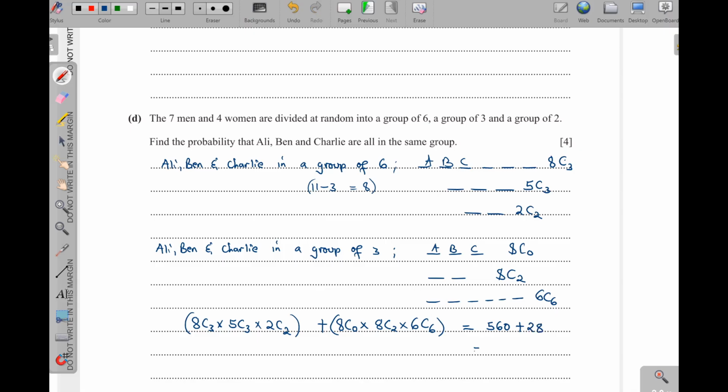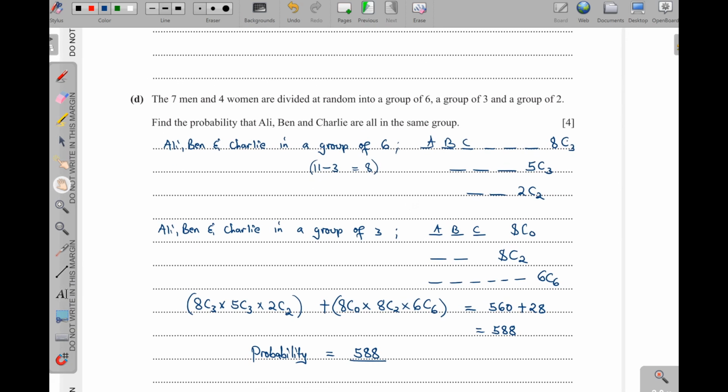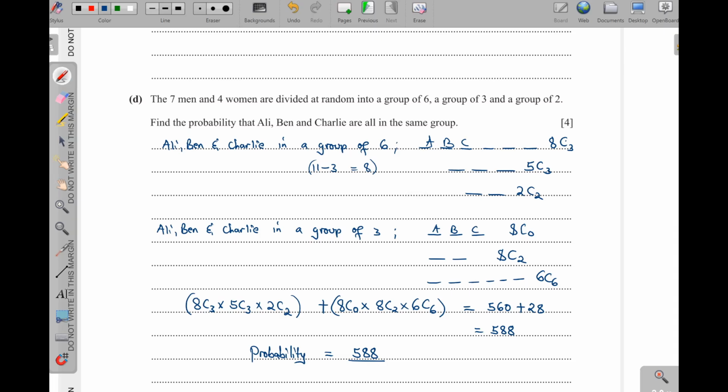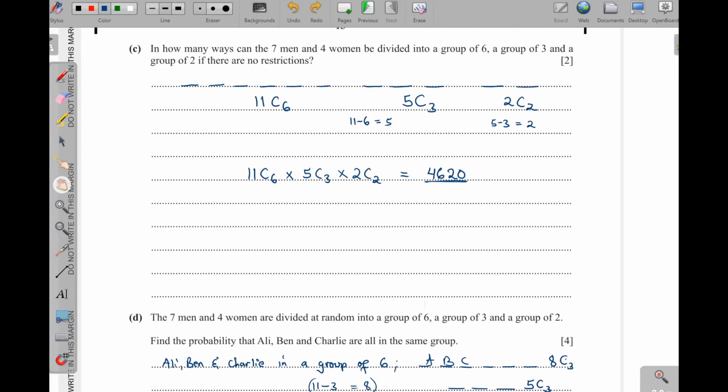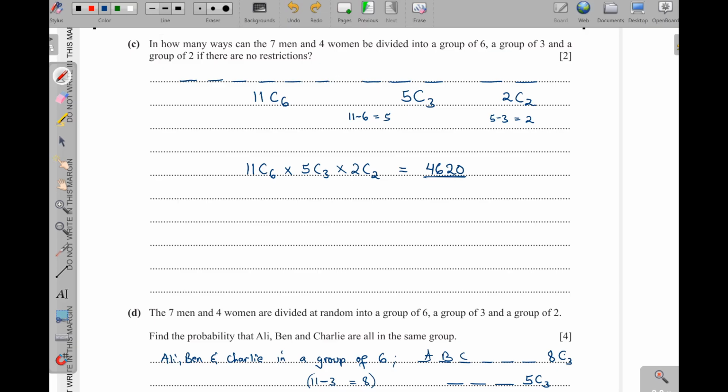Now when we add here, this one is going to be 588. You see that? Then probability here is going to be this number we have gotten here. Then we divide by choosing these people. We are choosing these people and we are putting them in these groups, okay, without any restriction. And that is what we were given up here. You get it?